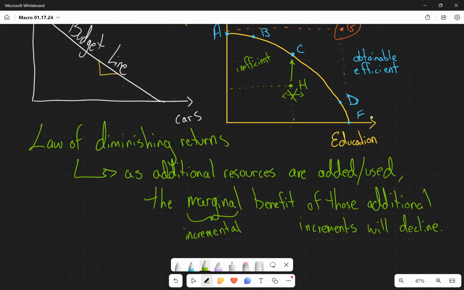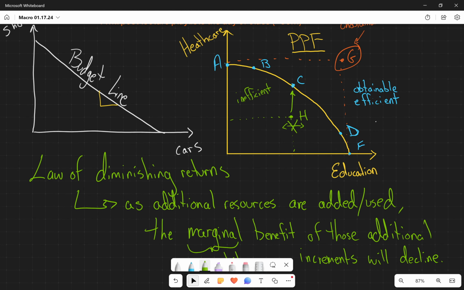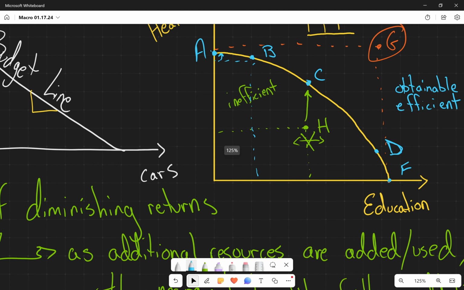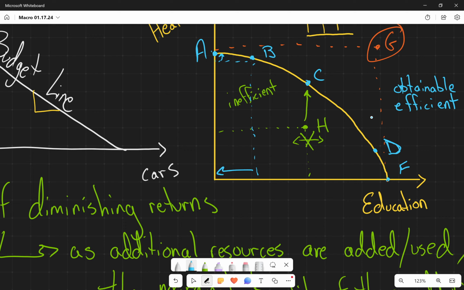Because once we get to a region of the production possibility frontier where we are heavily invested in healthcare, once we're at this position B, in order to get this minuscule extra bit of healthcare, we have to give up all of this education.